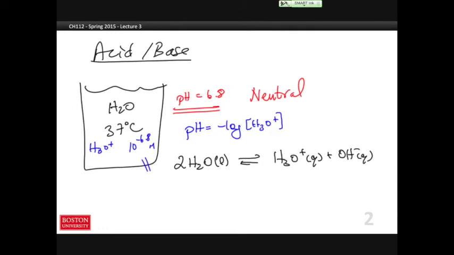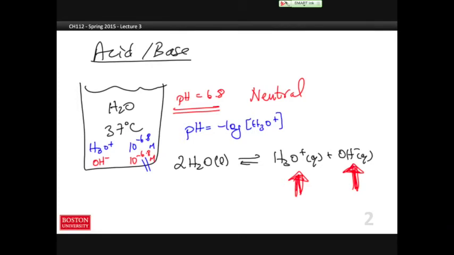So if I were to follow up with a question, are there any other ions in this solution, you'd probably say, yeah, there's got to be hydroxide. In fact, there is. And how much hydroxide is there? 10 to the minus 6.8 molar, because for every one hydronium that forms, one hydroxide must also form.